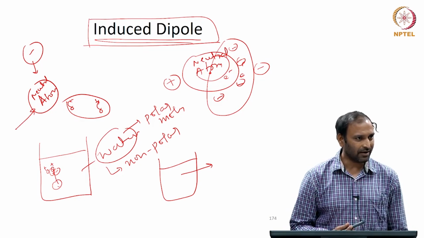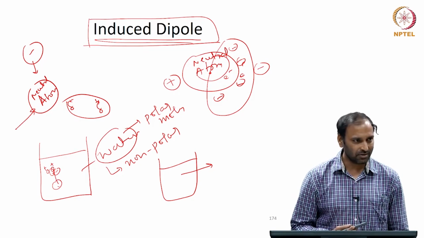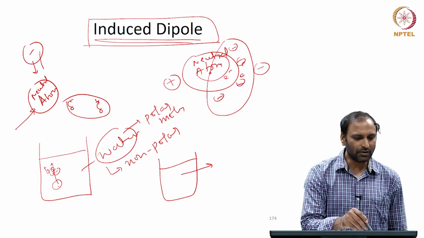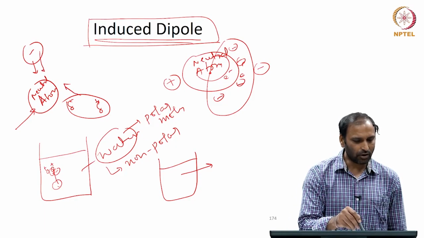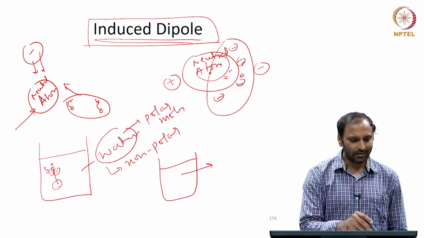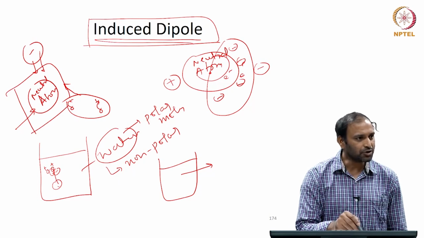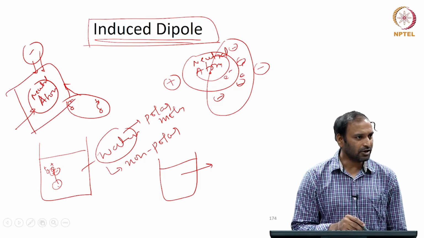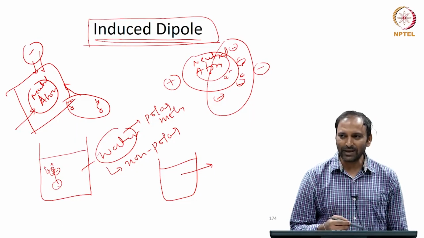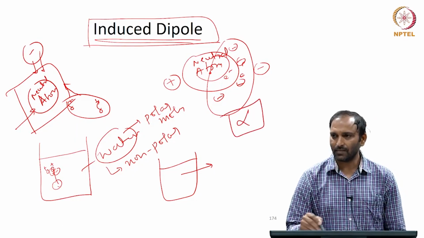The extent to which the approaching atom, molecule or charged species can influence the distribution of electrons in the cloud is measured by alpha.